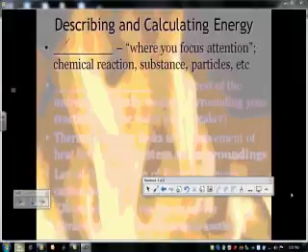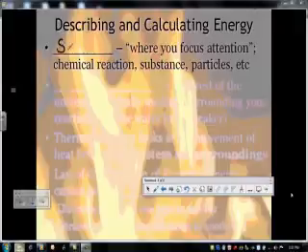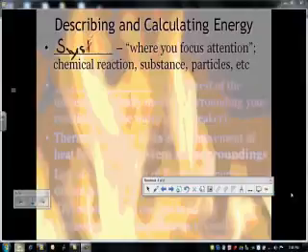So let's describe heat first. Let's focus on just a chemical reaction, which the system would need to describe, because that's where we're focusing our attention.